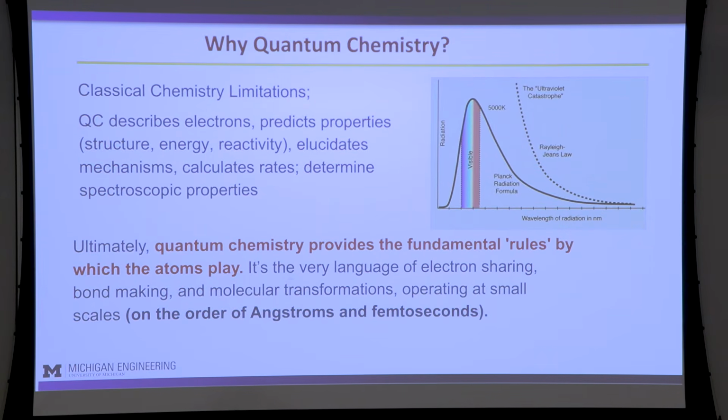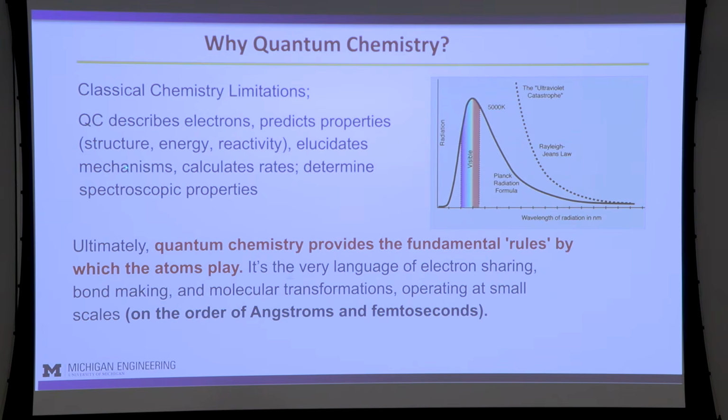We are doing it at a level that is much smaller than what you have seen until now. And so it can describe electrons, predict some of the properties, and elucidate mechanisms, rates, and spectroscopic properties. If you have an experiment and you have a spectrum and you want to model this spectrum, then you go back to quantum chemistry. Those are some of the properties, the characteristics that you can compute once you have quantum chemistry.